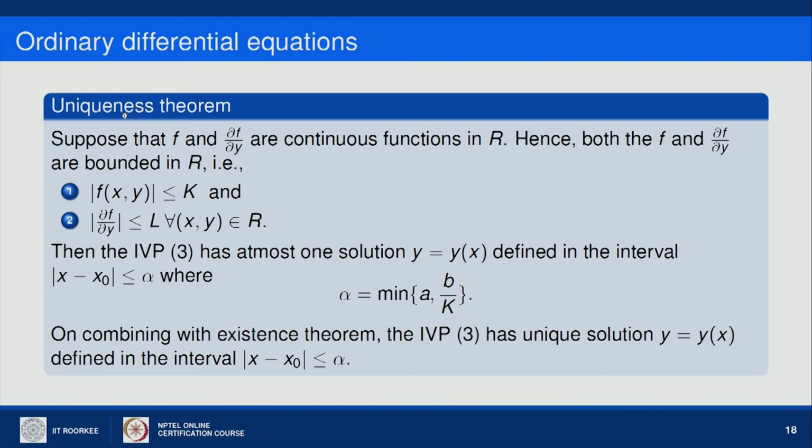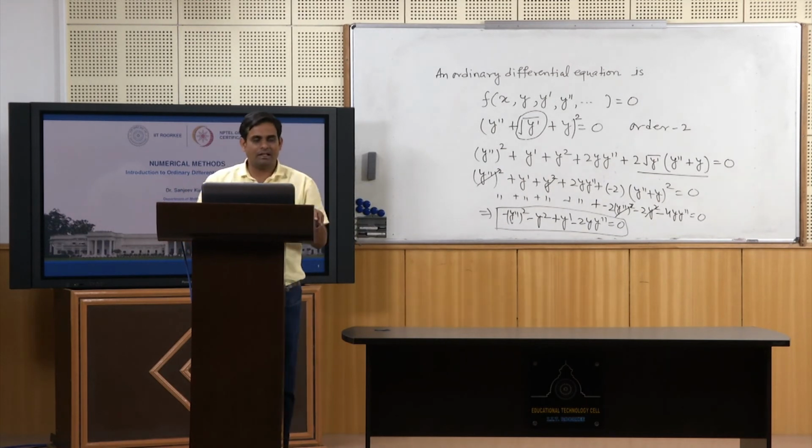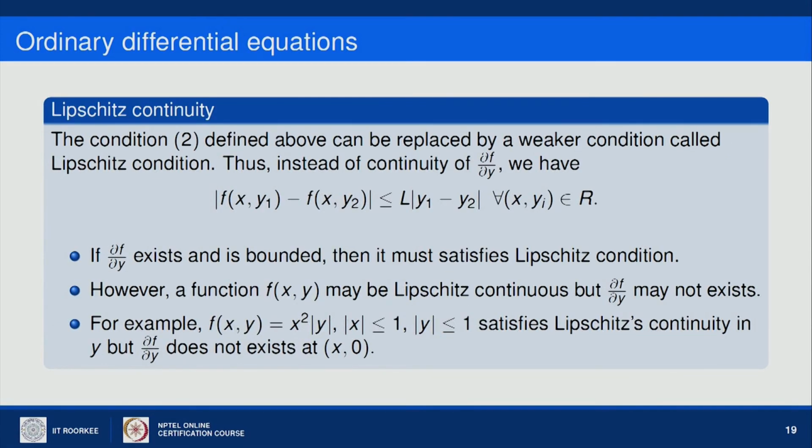There exists a unique solution if f is continuous and del f over del y is continuous in a closed rectangle. However, we can replace the condition that del f over del y is continuous and bounded in the given rectangular domain by a weaker condition. The weaker condition is called the Lipschitz condition.